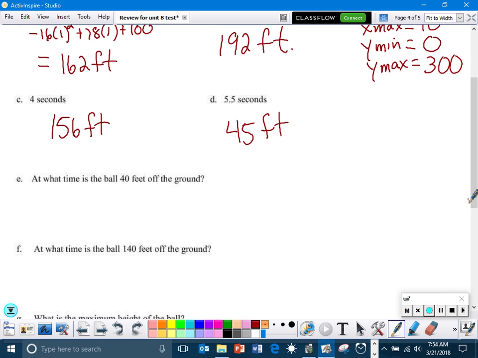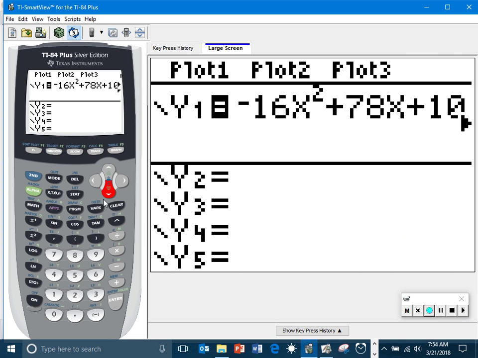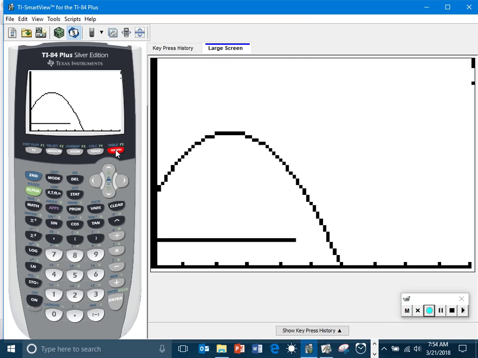So what we're going to do here is, at what time is the ball 40 feet off the ground? We need to put that in our Y2. So go back to our calculator, and in our Y equals, go to Y2, and we're going to put 40. Now graph it. That's going to mark where the 40-foot line is. So this spot right here is the 40-foot line.